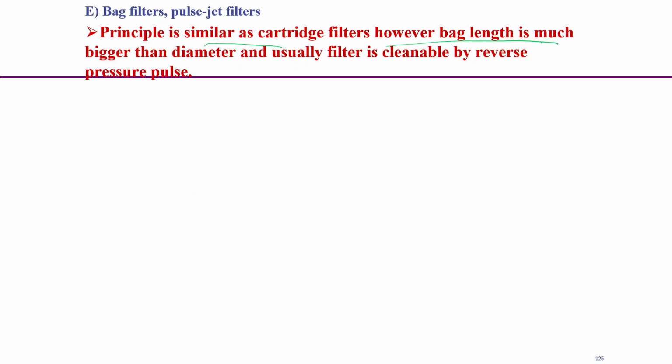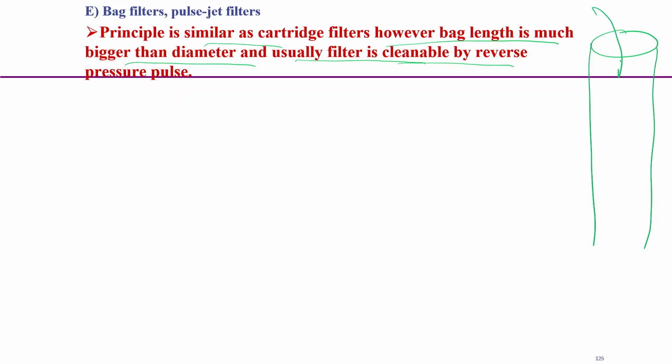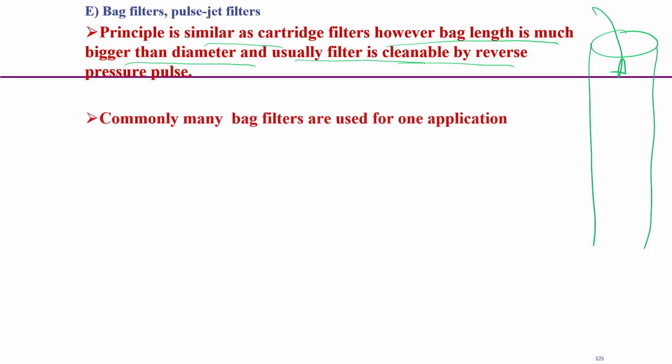However, the bag length is much bigger than the diameter, and it is usually fitted on a frame, okay, and it is cleaned by the reverse airflow by pulse jet. Commonly many bag filters are used in one application.